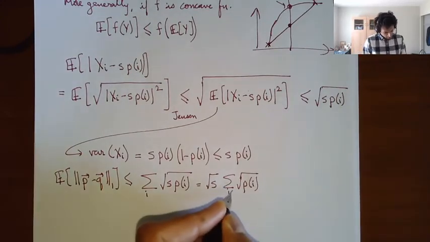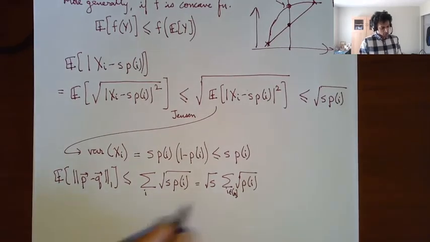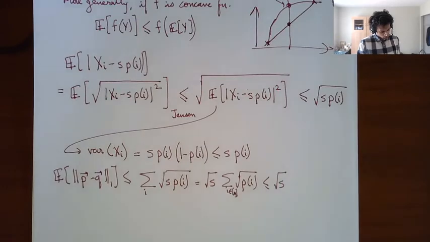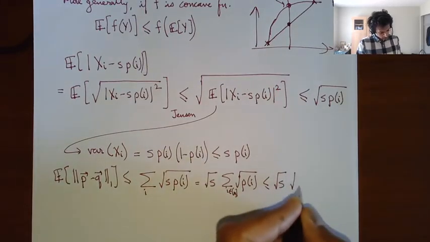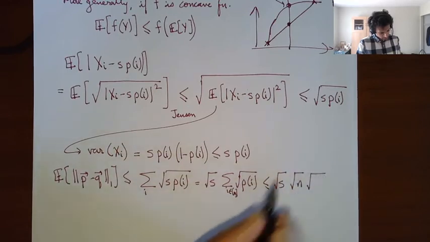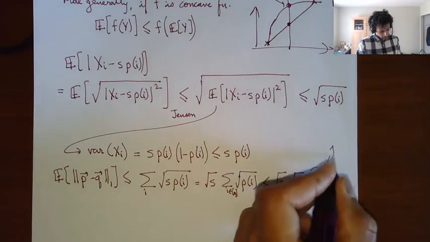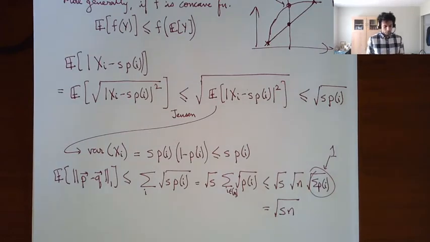And this is over i in n. Now I can write this as either an L1, L2 inequality or Cauchy-Schwarz. So let me just write this as Cauchy-Schwarz. And so by Cauchy-Schwarz I get this. The square root of s of course remains. I'll get the square root of n times the square root of the sum of p of i. But this is just 1. And so I get the square root of s times n.